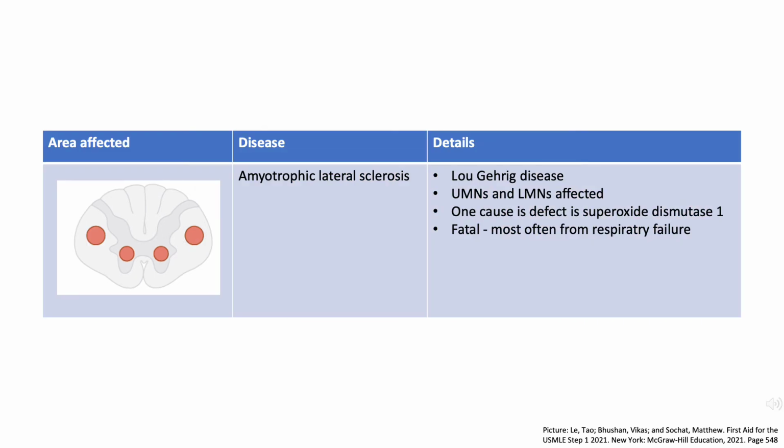The next disease is called amyotrophic lateral sclerosis. It is also known as Lou Gehrig's disease, and the difference between this disease and the previous one is that in this disease both upper motor neurons and lower motor neurons are affected. Therefore, motor neurons that are found in the corticospinal tract as first order and second order neurons are affected.